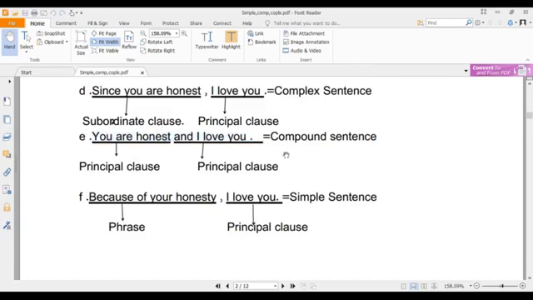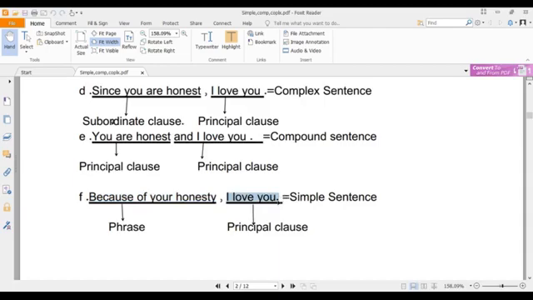If we know the clause, we can easily make a compound sentence or a complex sentence or a simple sentence. Last, because of your honesty, I love you. Combining sentence A and B, we make a simple sentence. It is because of your honesty, I love you.